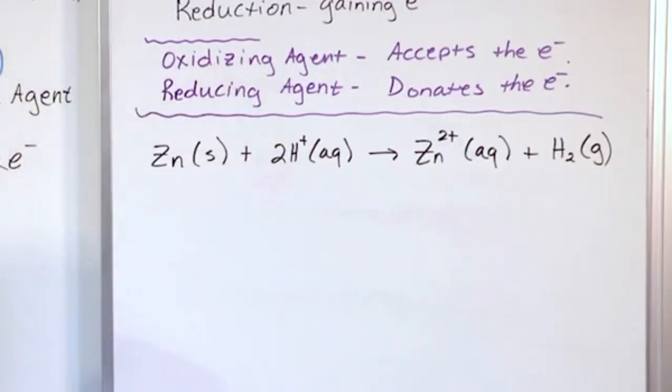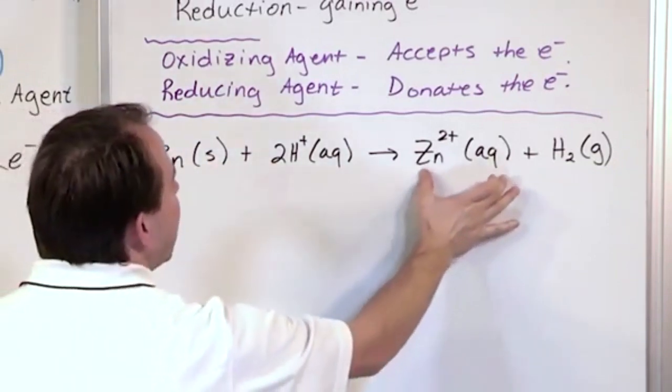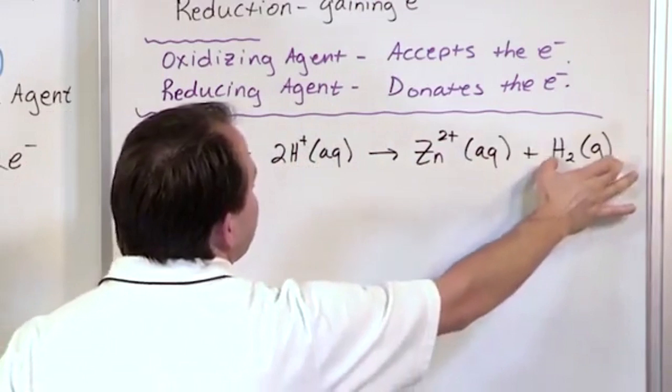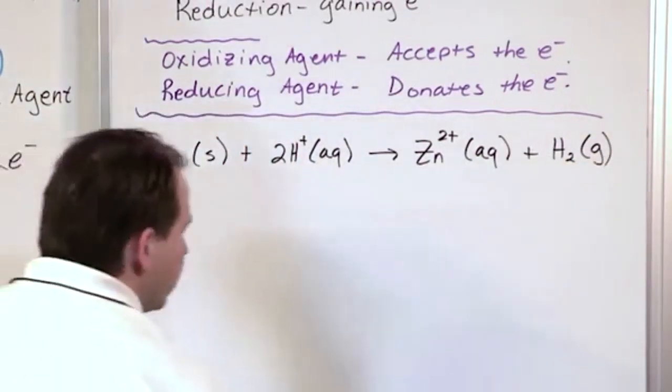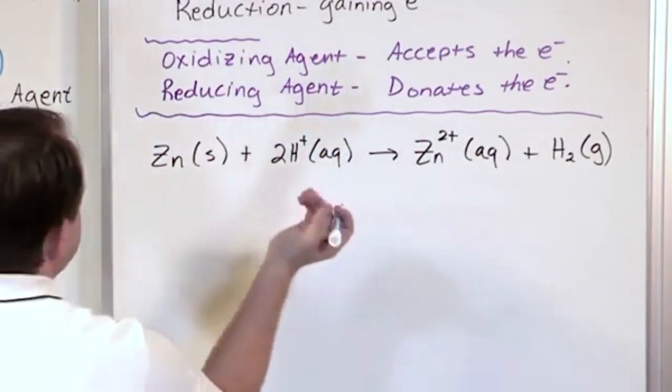And what we can see here is that this zinc goes from a neutral atom into having a positive charge, and this hydrogen goes from having a positive charge into being a neutral gas. That's what's happening here. So if I want to write down the oxidation and reduction half reactions, let's just start with zinc first, okay?